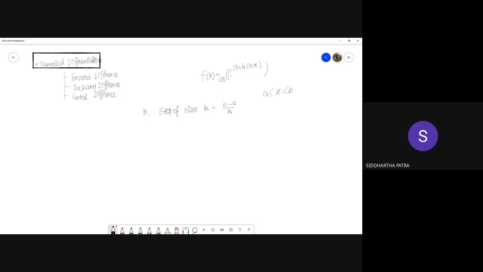From a to b you take steps of this size and number them: let's say this one is a and this one is b, and then a is your x0 and b is your xn, and in between there lies x1, x2, etc. Somewhere over here there is xi plus 1, and over here xi minus 1.